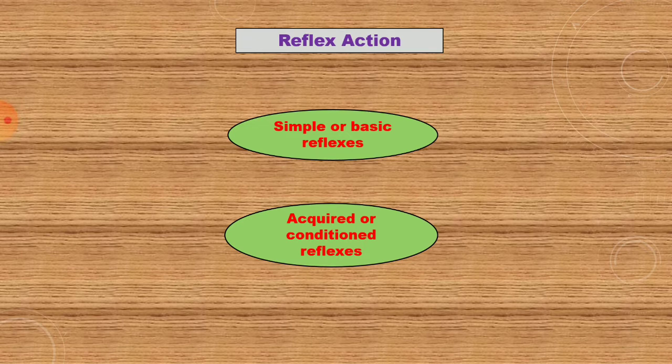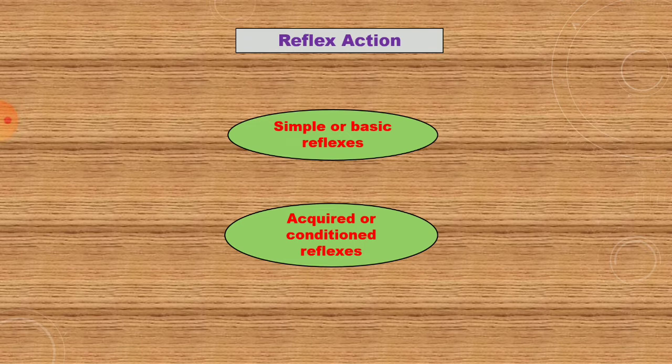Second, acquired or conditioned reflexes are the result of practice and learning. For example, dancing, or playing the harmonium by striking a particular key on seeing the music notes. Dancing means we give steps to particular music.